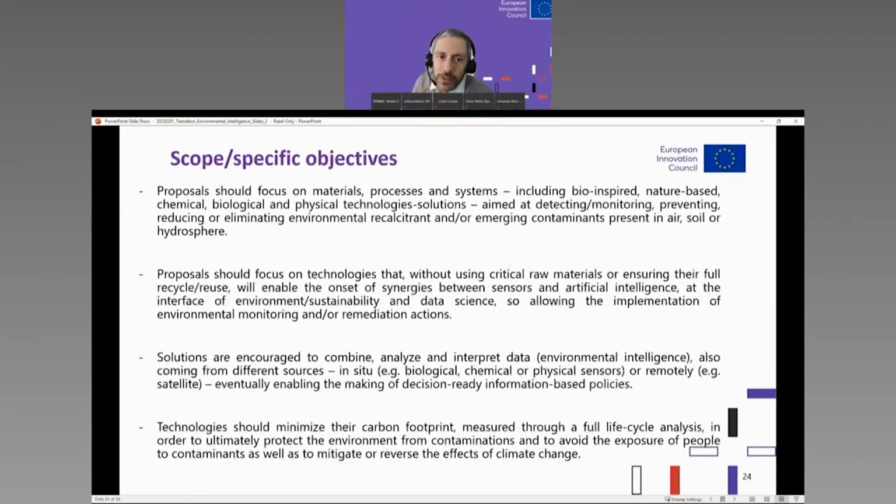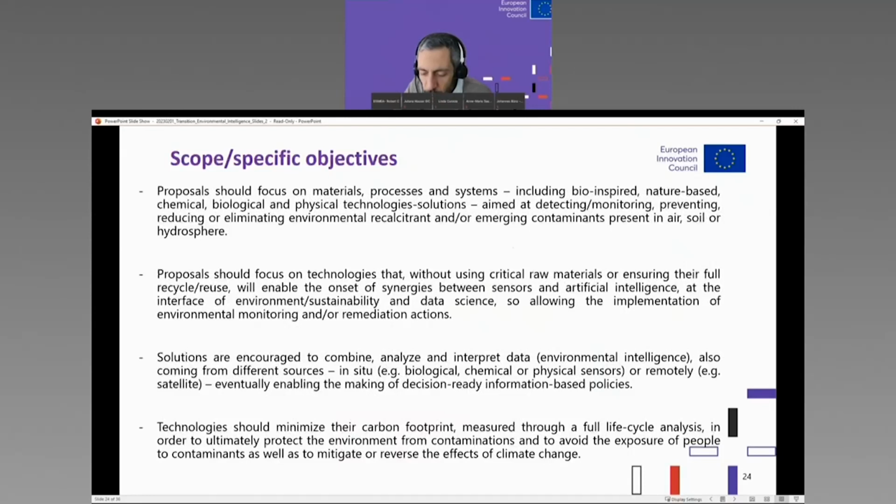So if we go now to the scope and the specific objectives of the call, we see that we try to be very broad. In fact, we said that the proposal should focus not only on materials, but on materials, processes, and systems, including all the kinds of systems.